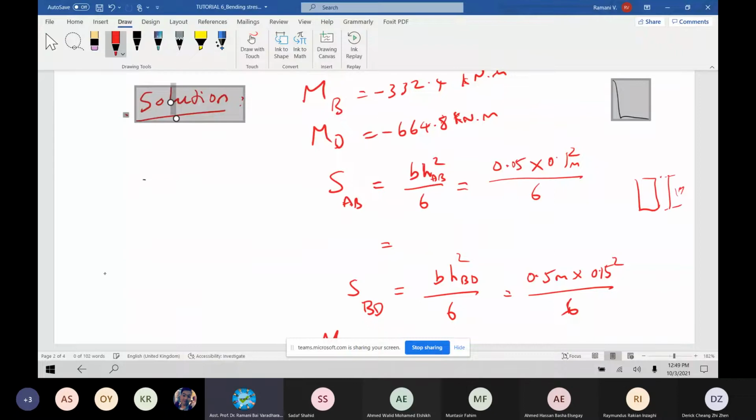Depth is 10 centimeter, and the width I cannot draw here, but if you draw perpendicular to it, the cut section will show you like this. This one, 10 centimeter. Depth is 10 centimeter. And this is 5 centimeter. Width is 5 centimeter.